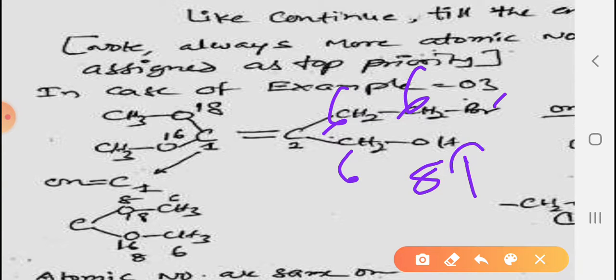Hence it is first priority, it is second priority. But in this case it is 8, it is 6, then hydrogens are there, 1. So both groups are the same. They have the same atomic number, but the groups are not the same. One is the 18 isotope, one is the O16 isotope, and they are different.